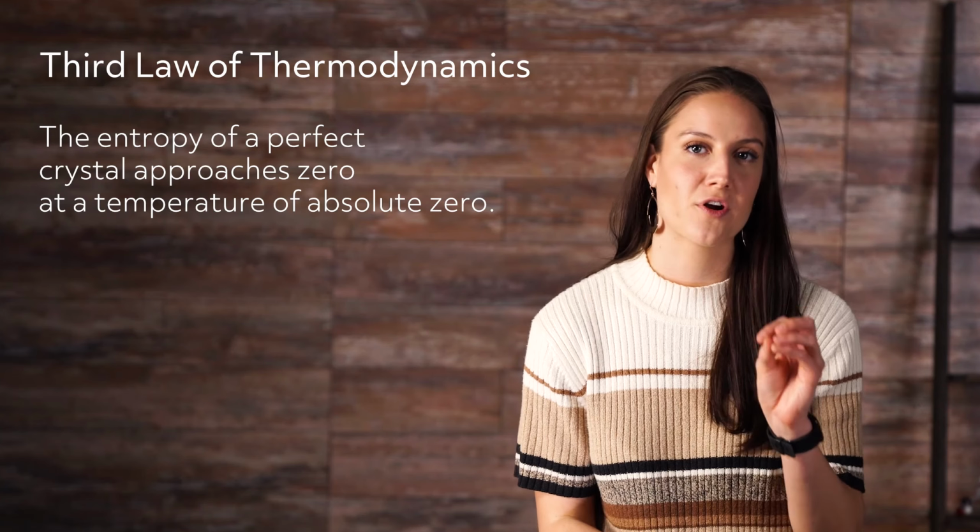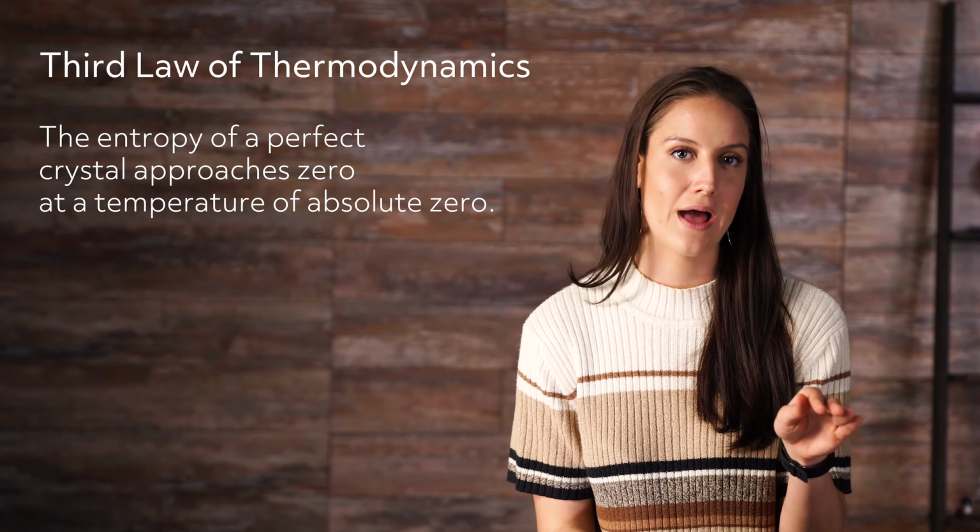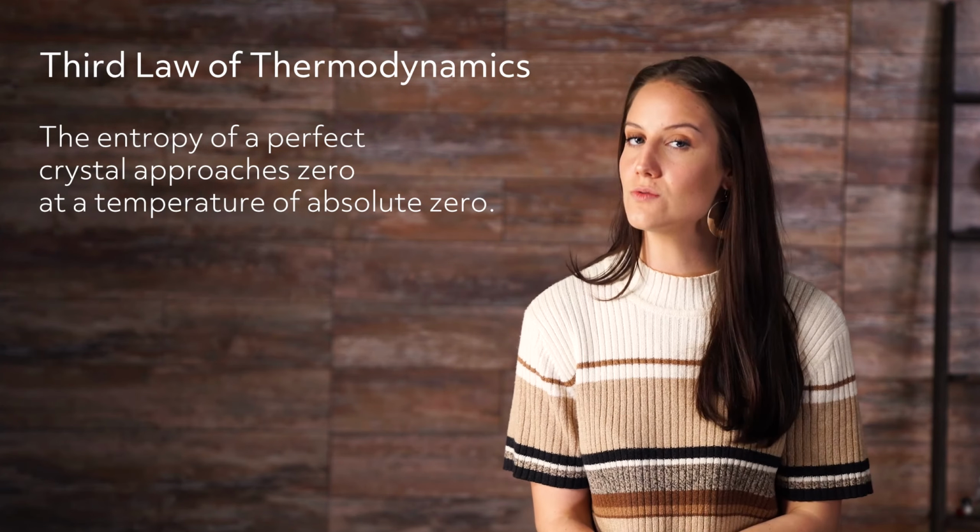The third law and last law of thermodynamics defines absolute zero and brings together the concepts of entropy and temperature from the latter laws. The third law states that the entropy of a perfect crystal approaches zero at a temperature of absolute zero. We can't actually achieve absolute zero experimentally, or at least you probably won't.